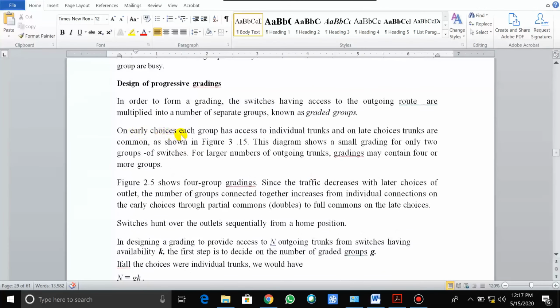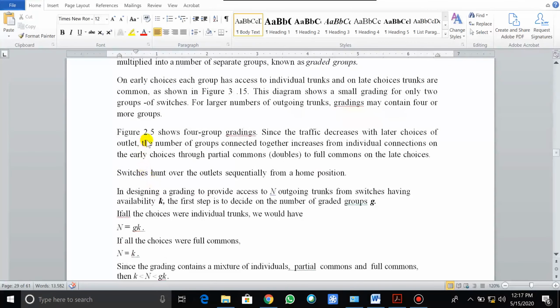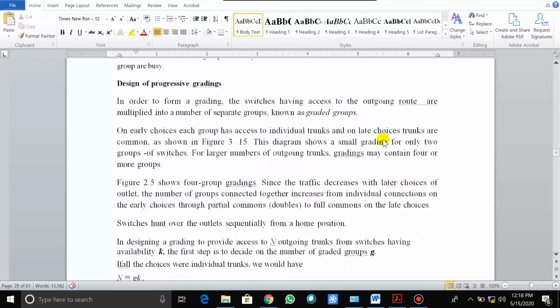On earlier choice, each group has access to individual trunks, and on later choice, the trunks are common, as shown in the diagram. This diagram shows a small grading for only two groups of switches. For a large number of outgoing trunks, the grading may contain four or more groups. So in the diagram it is showing a four group grading.